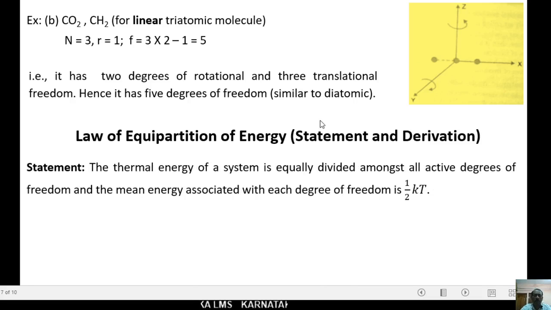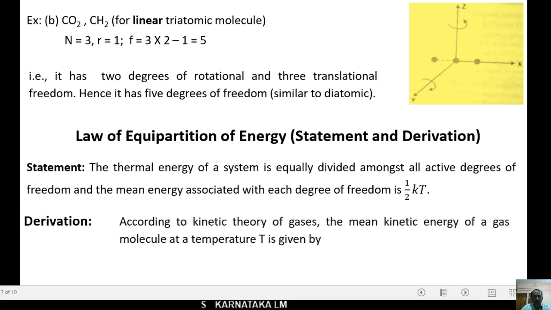The thermal energy of a system is equally divided amongst all active degrees of freedom, and the mean energy associated with each degree of freedom is 1/2 kT. That means the thermal energy of the entire system is distributed amongst all active degrees of freedom, and the average energy associated with each degree of freedom of a molecule will be 1/2 kT. That is the statement.